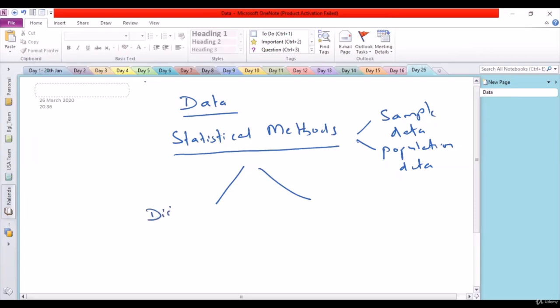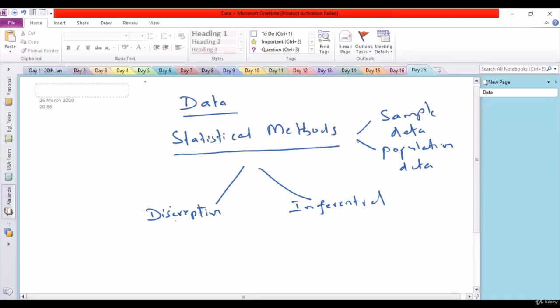One is descriptive. Another one is inferential. Right? Clear? Good. As the name suggests, descriptive statistics will be trying to explain what the data is all about.